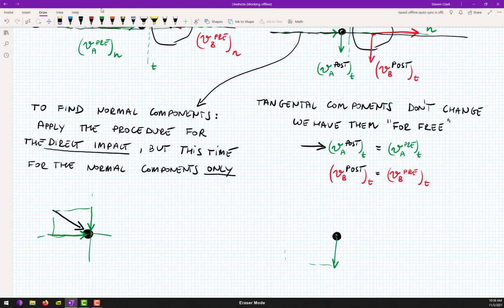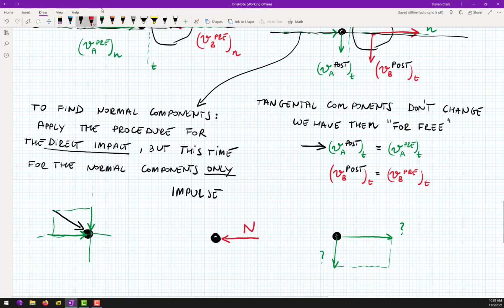But we don't know what they are. So now let's draw the impulse. Okay, Jason, what forces act on our particle during the impact? Just the force between two particles, yes?